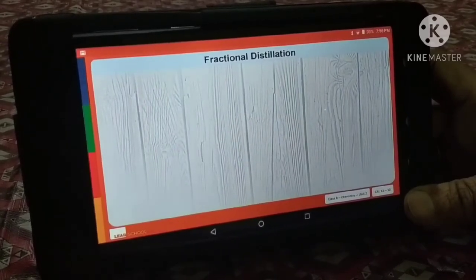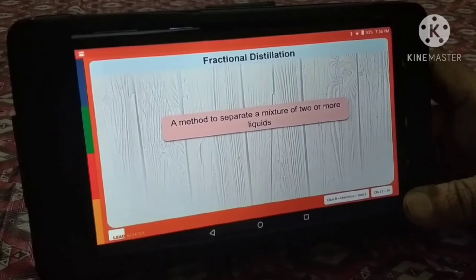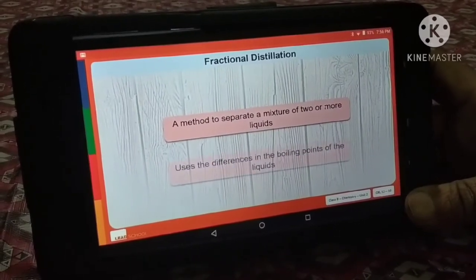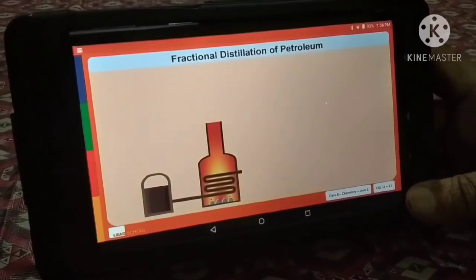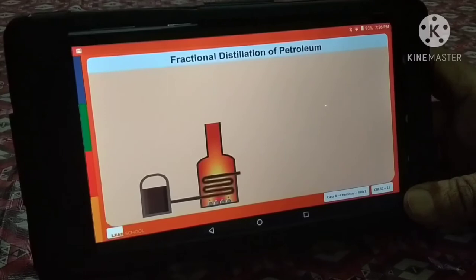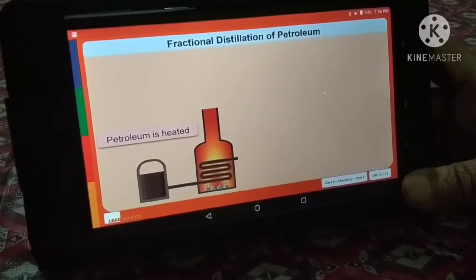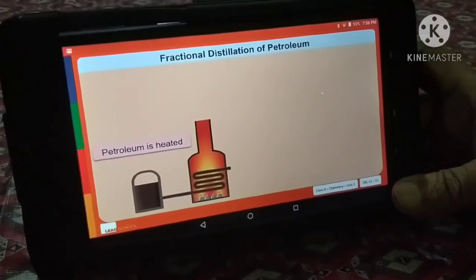Similar to distillation, fractional distillation is a separation method in which a mixture of two or more liquids is separated using the differences in their boiling points. Fractional distillation of petroleum is a key industrial process. In this method, petroleum is heated until it separates into a number of components known as fractions.